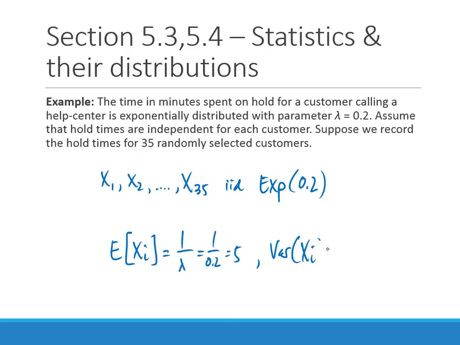Very good. What about the variance? Anybody remember that? 1 over lambda squared. Thank you, Kevin. 1 over 0.2 squared, which is 25. So this is my mean, mu, and this is my variance, sigma squared.